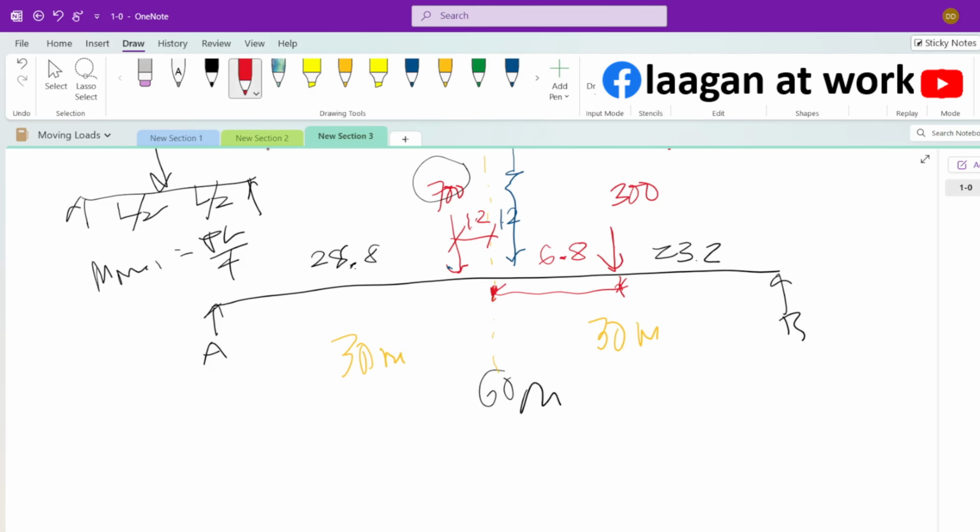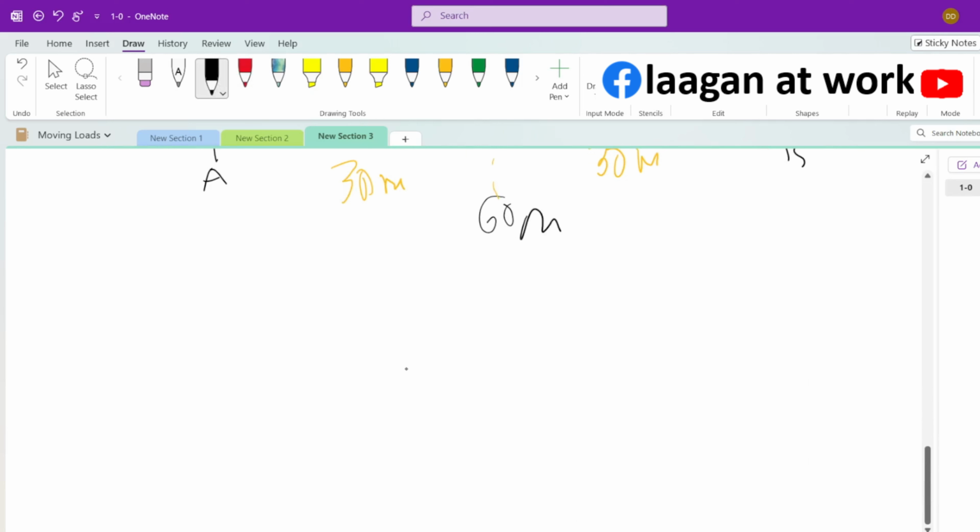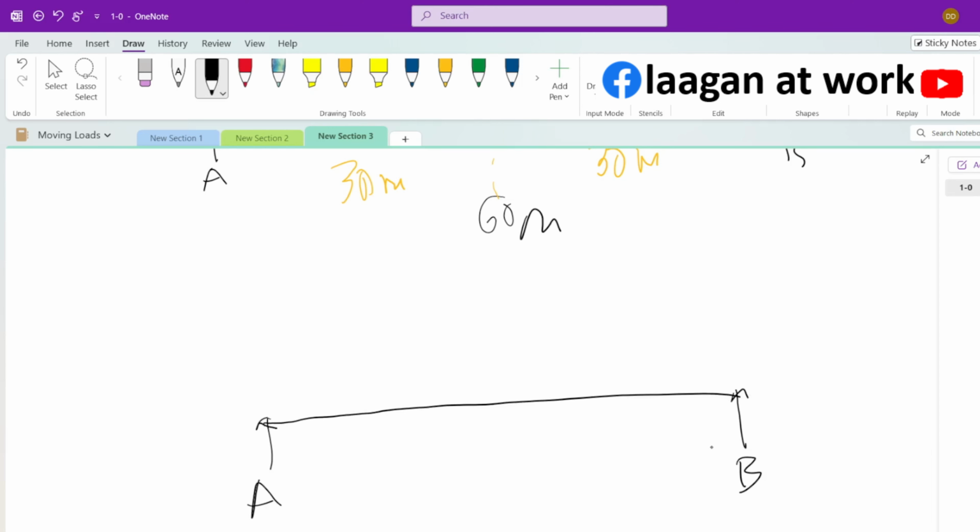So we'll just redraw that. This is your load for the beam A, B, and your load here is 700. This is 300. This is 8.